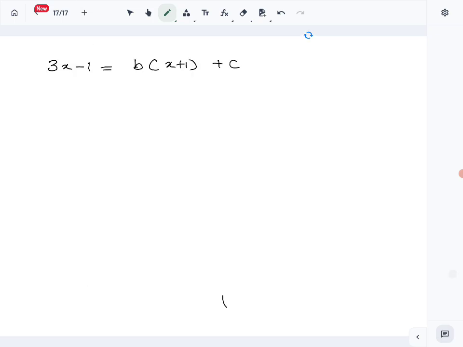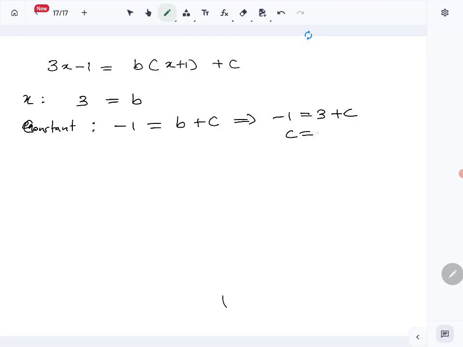Right. So this is comparing two polynomials, equating coefficients. Equate x coefficients: you get 3 equals b. Then equate the constant terms: minus 1 equals b plus c, so minus 1 equals 3 plus c.